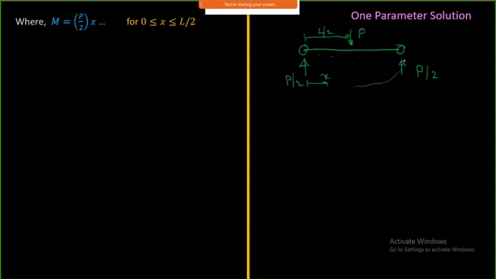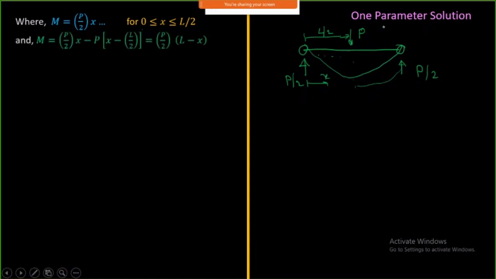Beyond that there is a different moment, and we get two equations like this. This term is to be subtracted from this, and it should be for L by 2 to L.